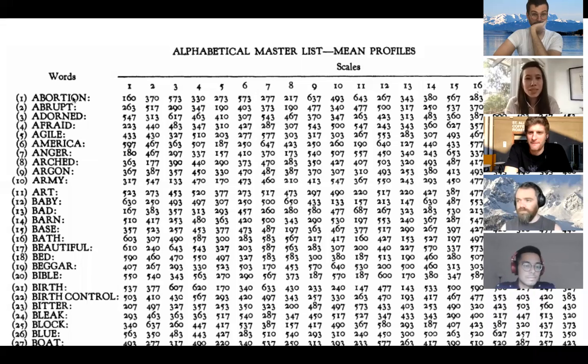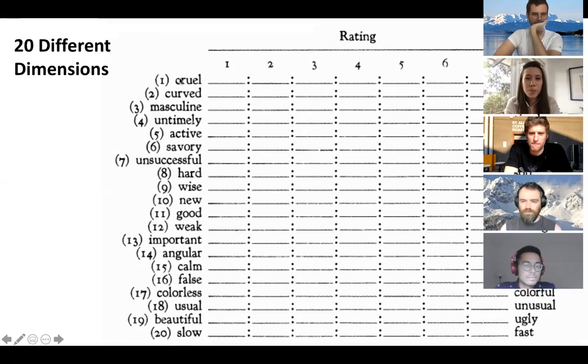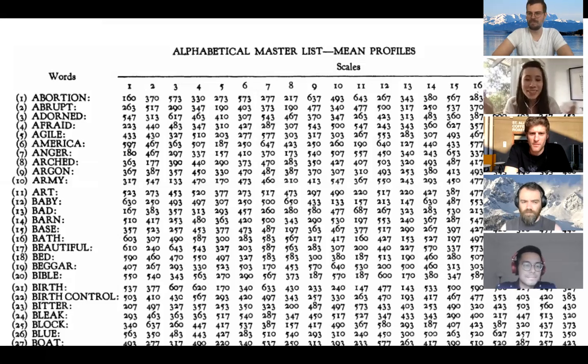So it's interesting. The word abortion rates quite low on the first dimension, cruel, kind, indicating that in 1958, college students saw abortion as much more cruel. It would be interesting to do this analysis again and see how things have changed.